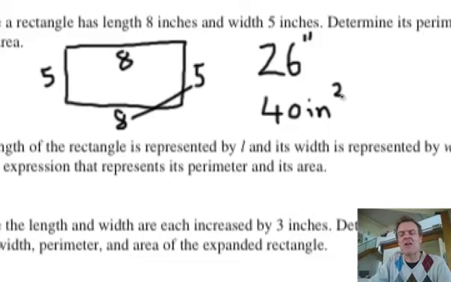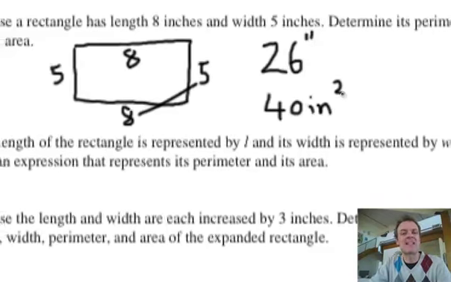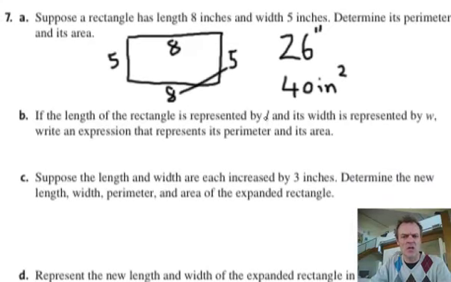Now, how about if we didn't know it was 8 and 5, and like the previous one with dimes and quarters, we represent it by letters. So if we do this again, I'll just erase the material up here. This is not 8 and 5 anymore, it's L and W. So I'm going to write L here and W here, and also L here and W here.